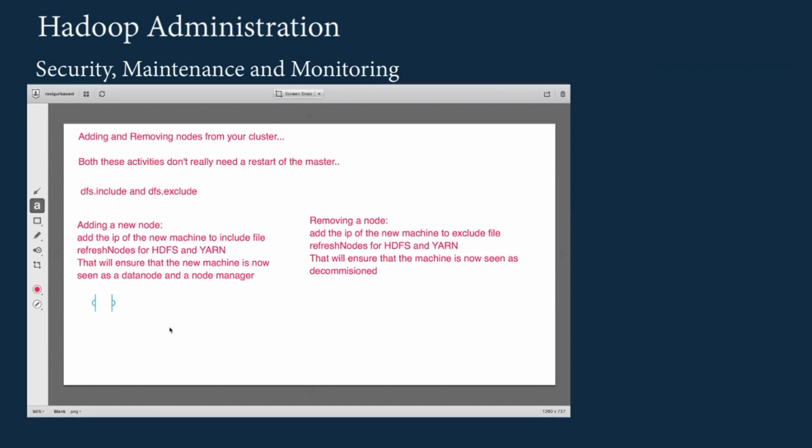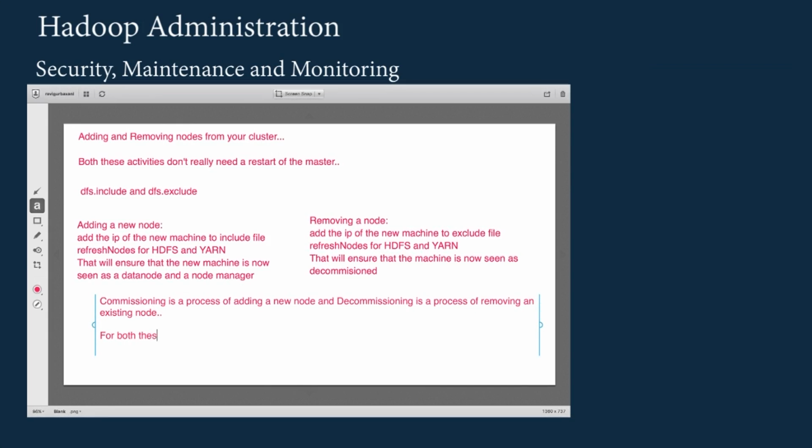So what we've understood here is commissioning is a process of adding a new node, and decommissioning is a process of removing an existing node.